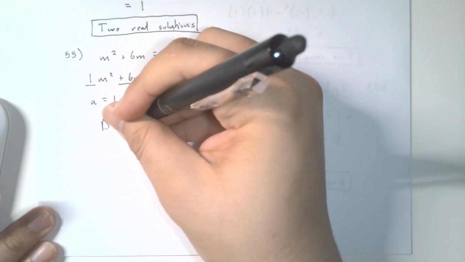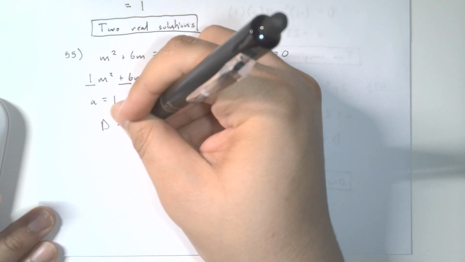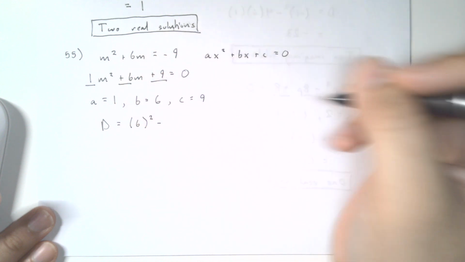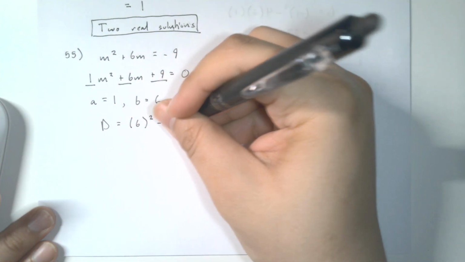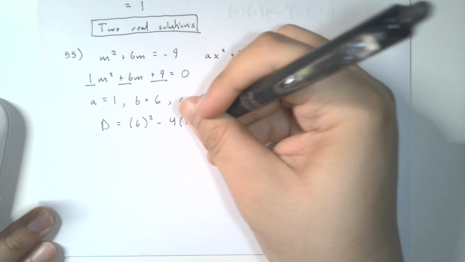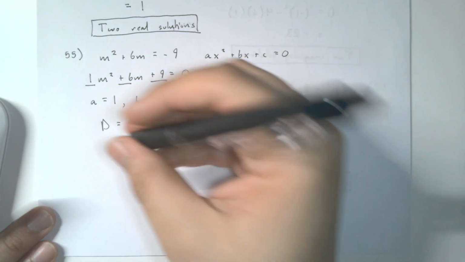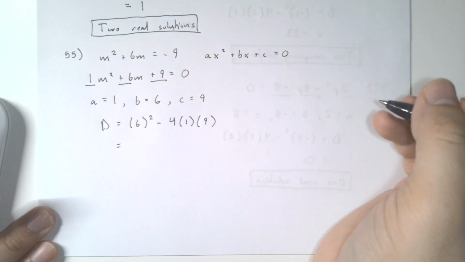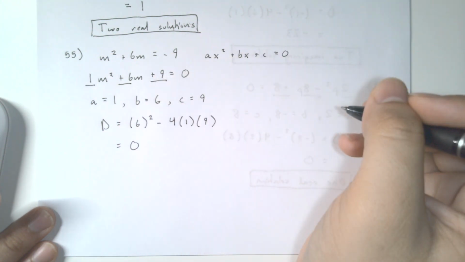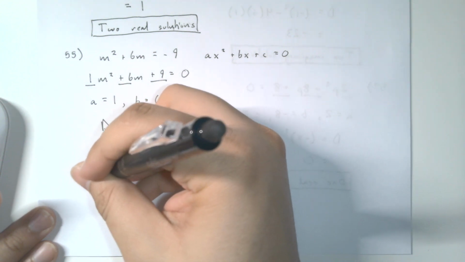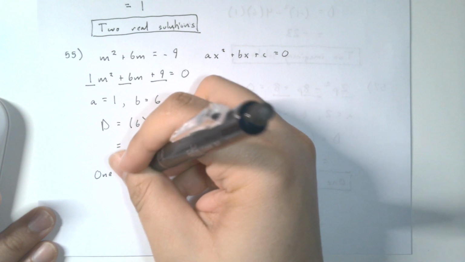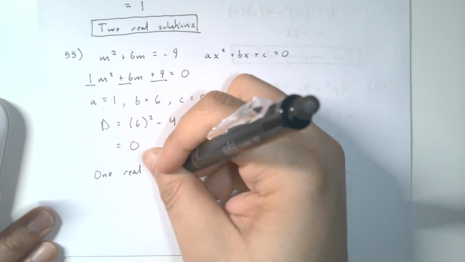Our discriminant is given by b squared, so we have 6 squared, minus 4 times a, which is 1, times c, which is 9. And calculating this out, this comes out to 0. So we have one real solution.